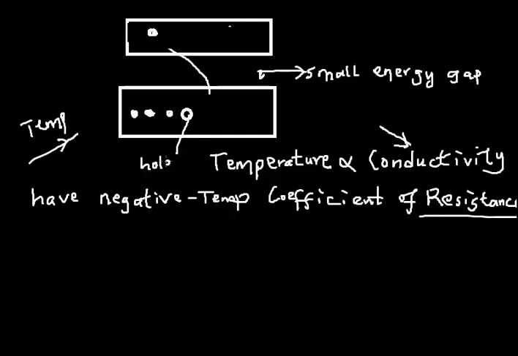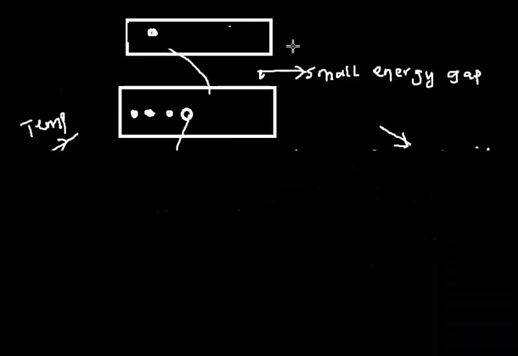Remember, electrons are negatively charged. Anytime they leave, they create a vacant position known as a hole, and a hole is positively charged. Of course, the absence of negative charge is positive charge.